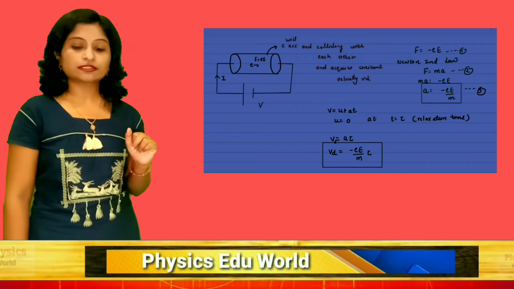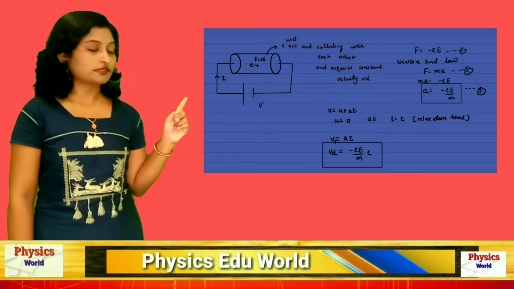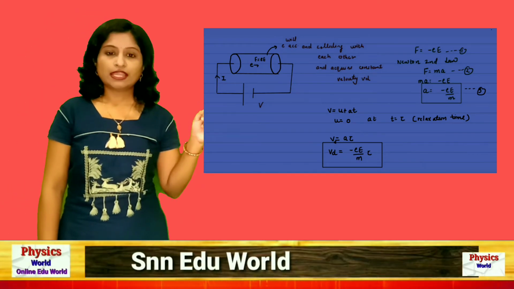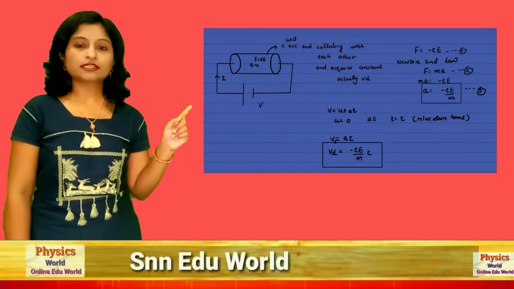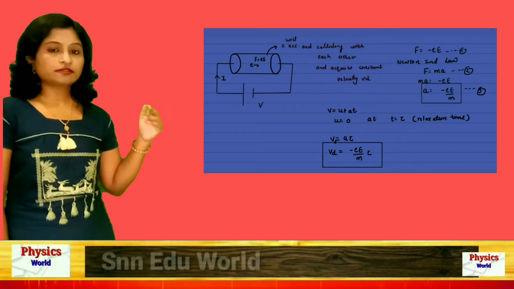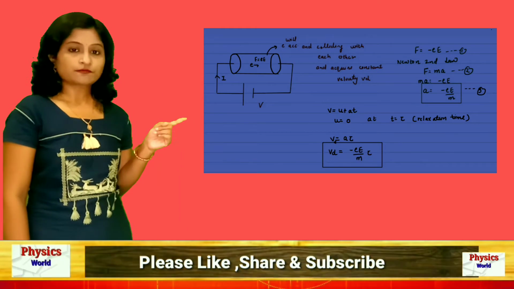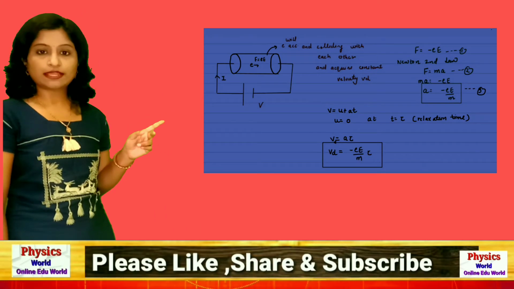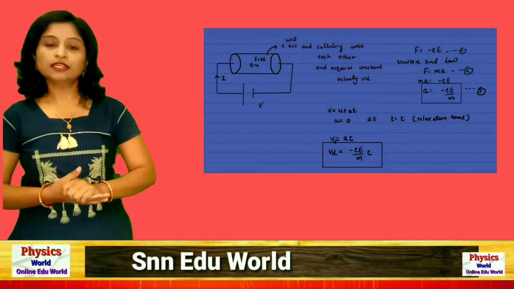So what is our equation now? This velocity is nothing but the drift velocity. So v is represented as vd is equal to a into tau. Since u is 0, only acceleration a remains, and tau in place of t. And the acceleration we just calculated in the above equation. Substitute this a here, minus eE divided by m, into tau. It is nothing but the drift velocity vd.